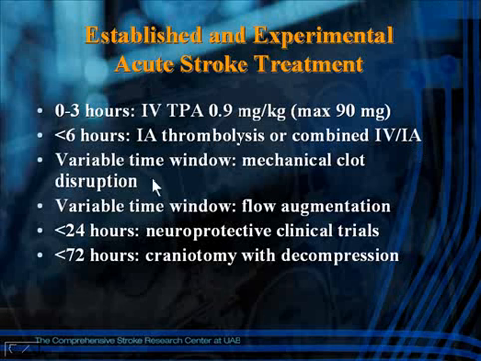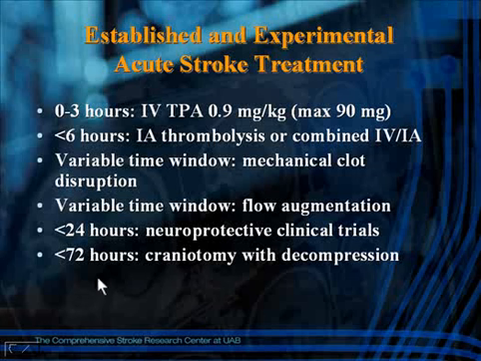At variable time windows, one may apply newer devices for mechanical clot disruption or removal. Again, at variable time windows, there are new devices being tested for flow augmentation to the brain. We're still conducting some neuroprotective trials, although previous attempts were not successful.